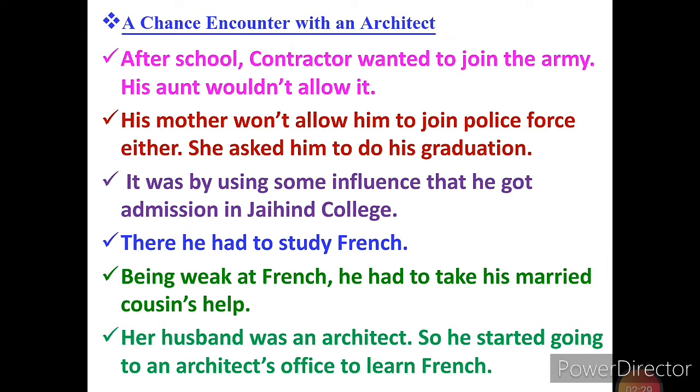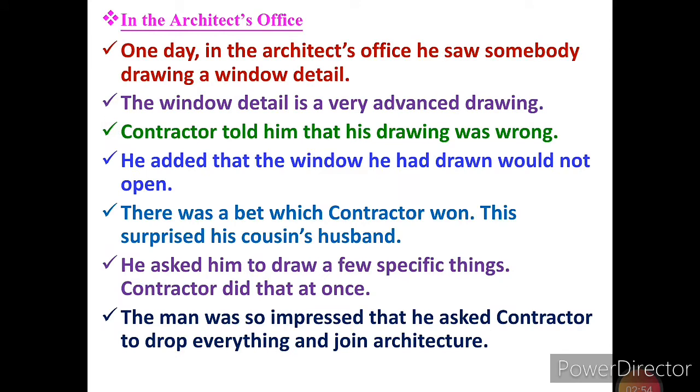But he was very weak in the French language. Then he took help of his married cousin. So in order to learn French fluently, he used to go to his married cousin to learn French.